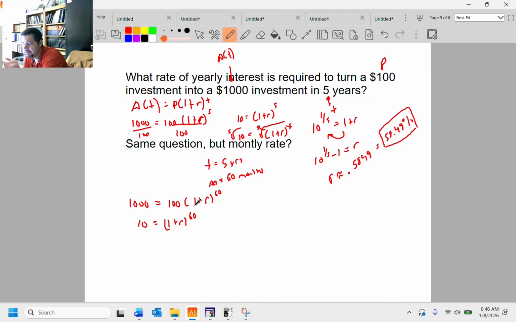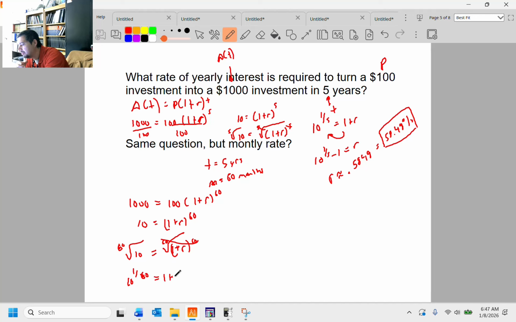And the opposite of the 60th power is going to be the 60th root, which is what number times itself 60 times creates a 10, and I don't know it. The 60s cancel. And in a calculator, you're going to raise 10 to the 1/60th power.